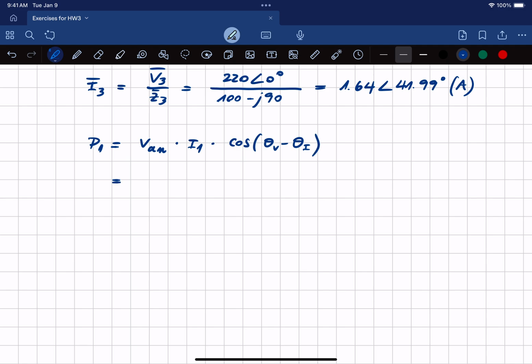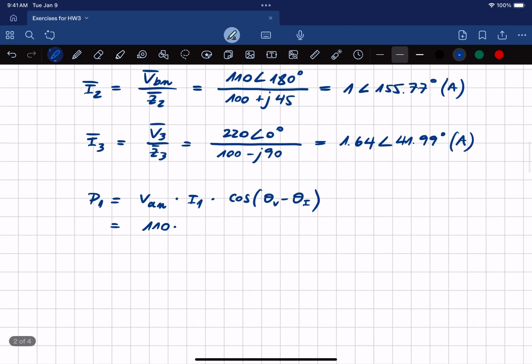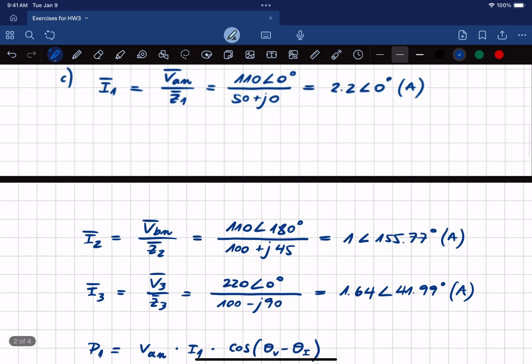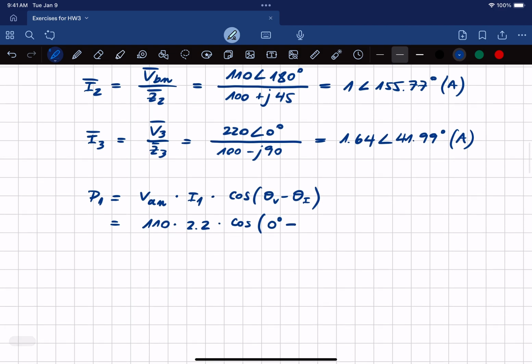So if we replace this, let's use numbers here: 110 times current I1, which is 2.2, times cosine of the angle of the voltage, 0 degrees, minus the angle of the current, which in this case is also 0. Cosine of 0 is 1, and then we get our power, 242 watts.